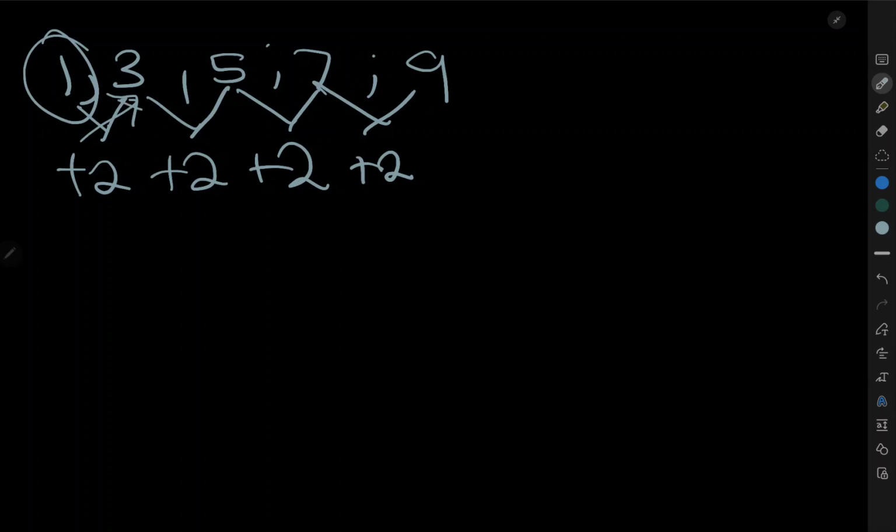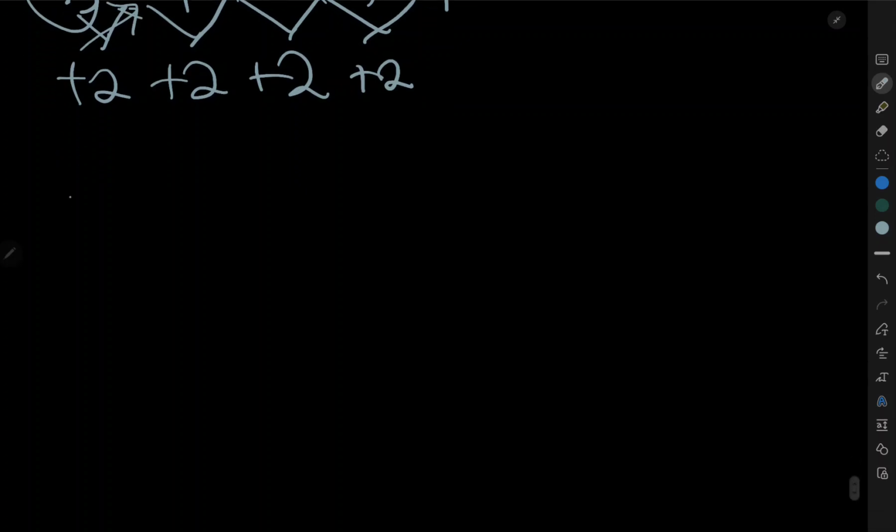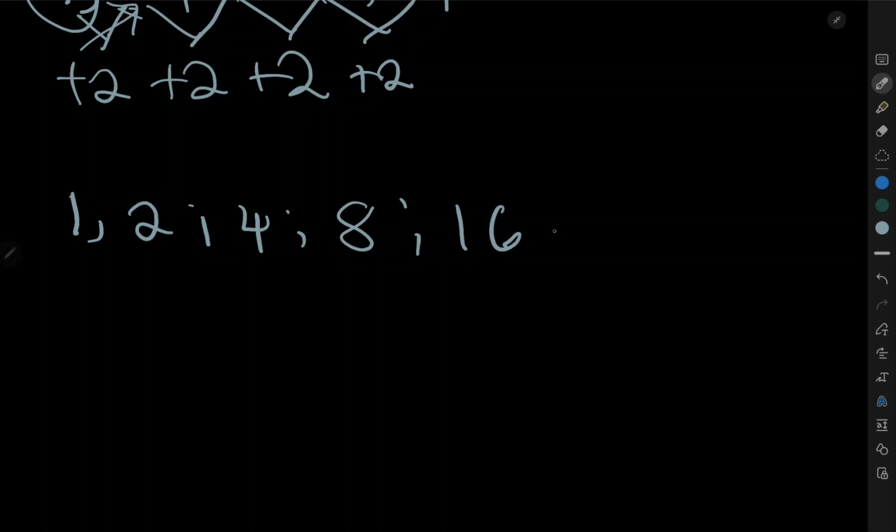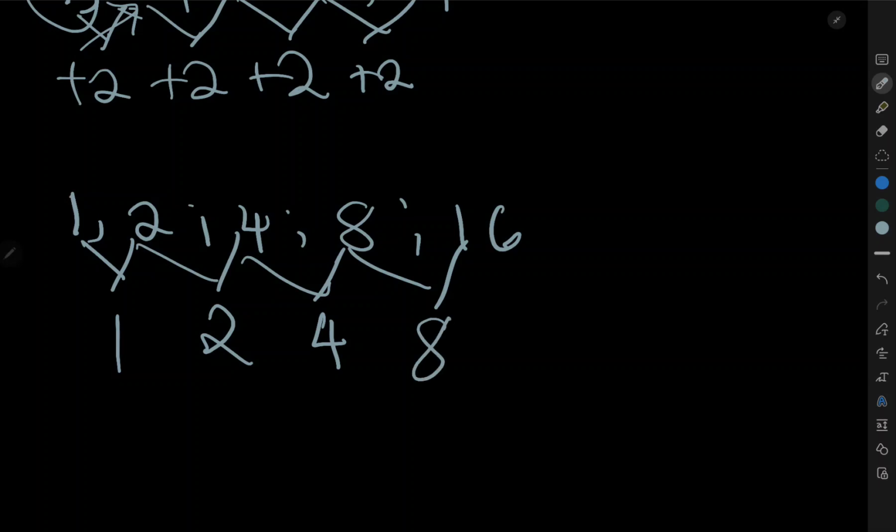So now, let's say hypothetically we had a pattern that goes like 1, 2, 4, 8, 16, and so on. Let's look if we can find a common difference. The difference between 1 and 2 is 1. The difference between 2 and 4 is 2. The difference between 4 and 8 is 4, the difference between 8 and 16 is 8, and so on.